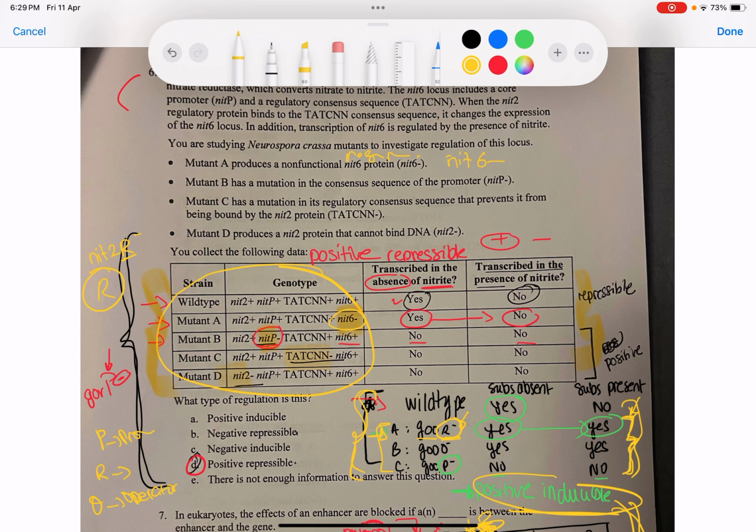Then you would know that NIT6 negative means we have a mutation at the R site. Often it's gonna be big P for promoter, big R for regulatory sequence, big O for operator. But if he doesn't include those capital letters, he's gonna mention, let's say, the NIT6 protein, which means it's at the regulatory sequence, and you would know to flip the effect of whatever's going on in the table.